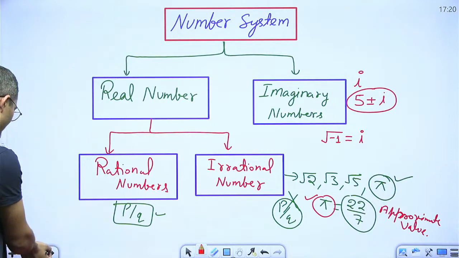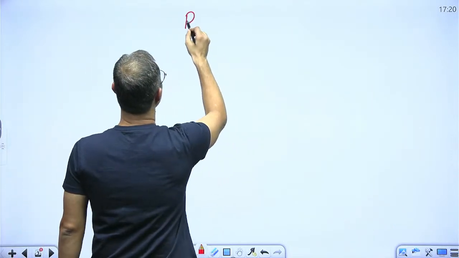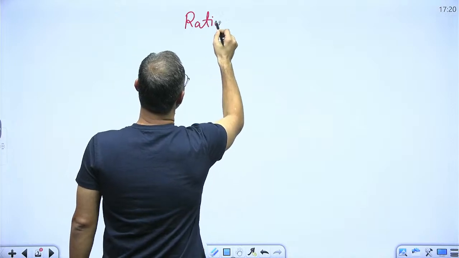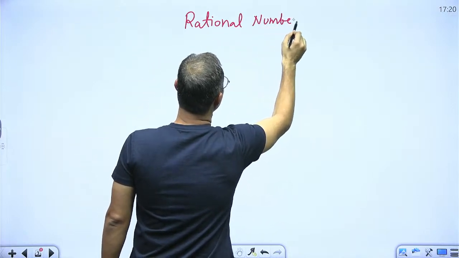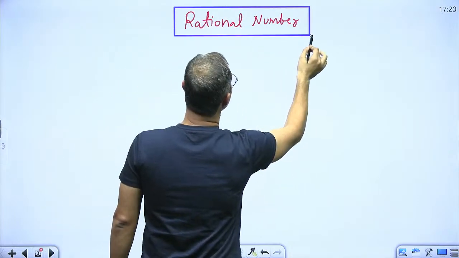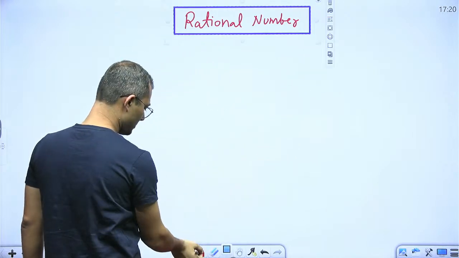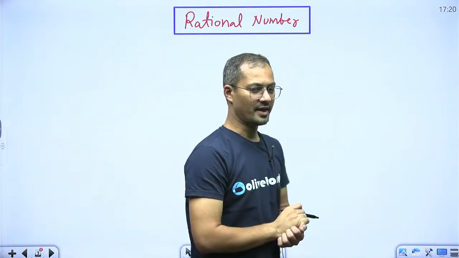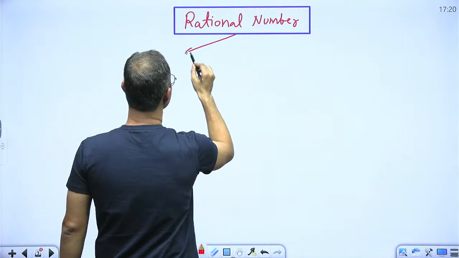Moving to the next part, that is the rational number. Put the heading: rational number. We divide the rational number into two parts.